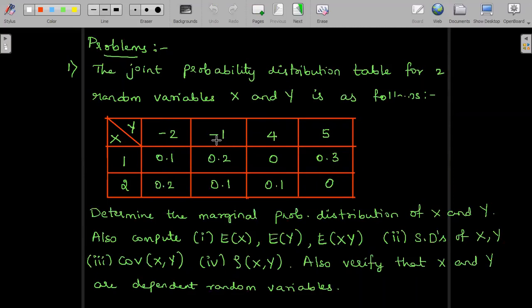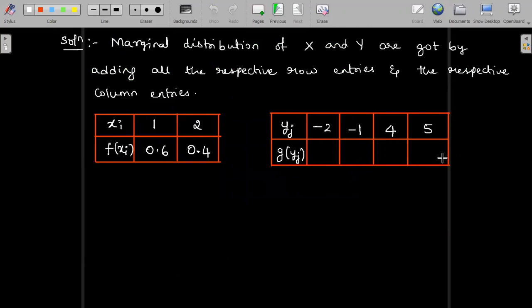For -1, we add up 0.2 plus 0.1. For y is equal to 4, we add up 0 plus 0.1. After addition the values are 0.3, 0.3, 0.1, 0.3. And again, the sum of all g of yj values is equal to 1.